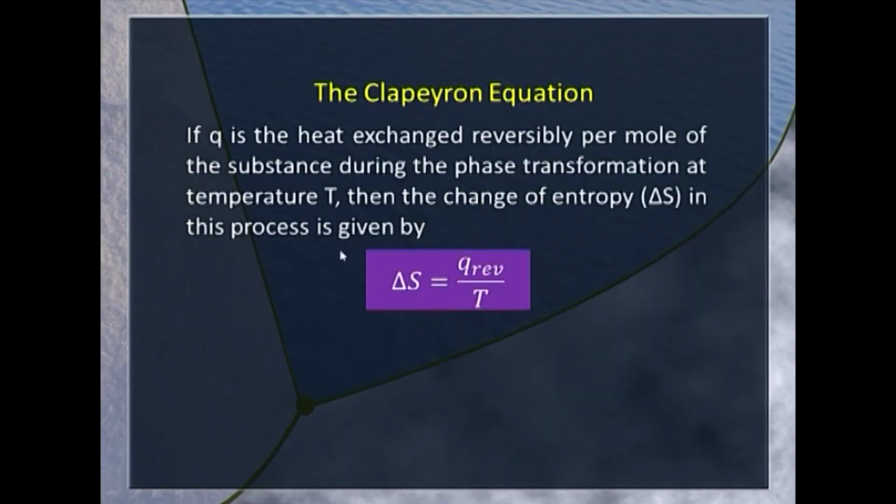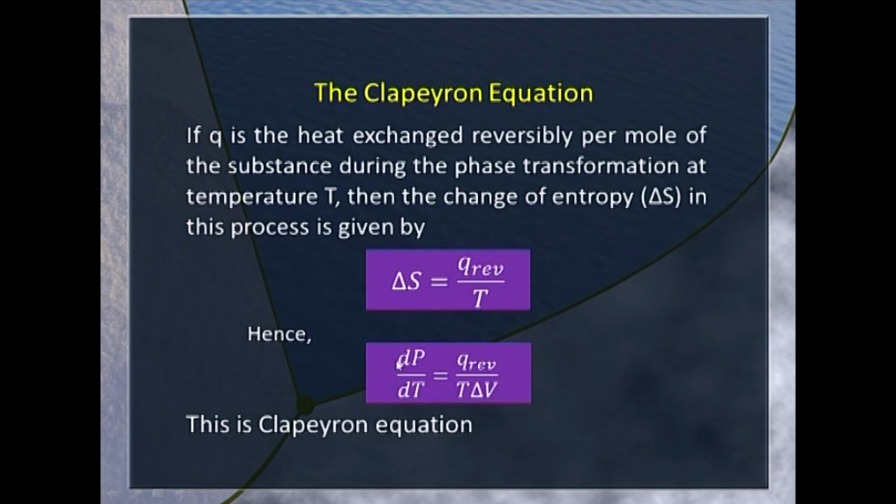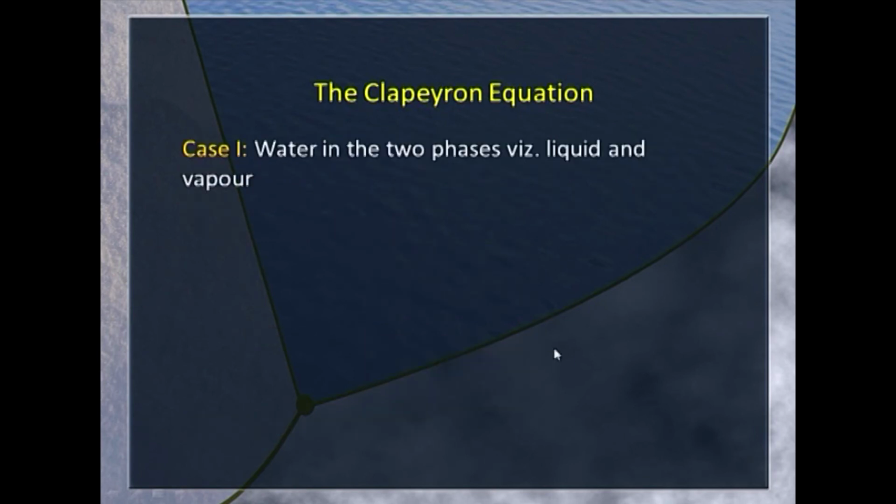It is already known that delta S is equal to Q reversible by T. So, when you plug in these values, we are going to have dP by dT equal to Q reversible by T delta V. In place of delta S here, we have Q reversible by T and delta V was already there. So, this is the well known Clapeyron equation. When we have to talk about a single component two phase system, we have to use this expression. We have to use it for two different phases.